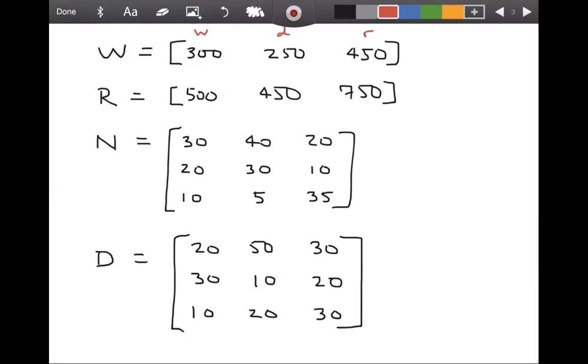And then there was one other thing I wanted to check here. Okay, so in matrices N and D, the columns stand for stores 1, 2, and 3, and the rows stand for washers, dryers, and ranges. Okay, hopefully you can read that.